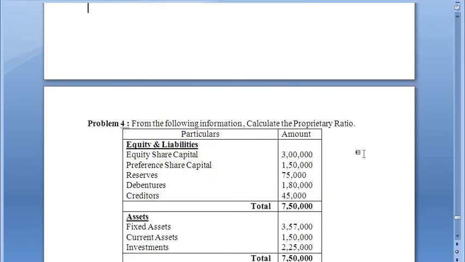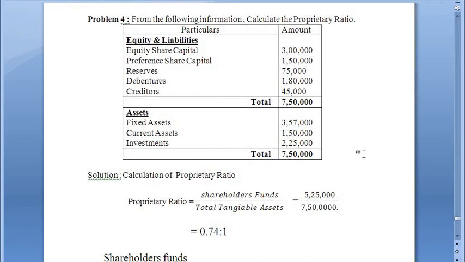Now last problem is problem number 5. Okay, so before that, just have a glance on the problem number 4. We were calculating proprietary ratio and this is the information that was given. Okay, the formula of proprietary ratio is shareholders funds divided by total tangible assets.